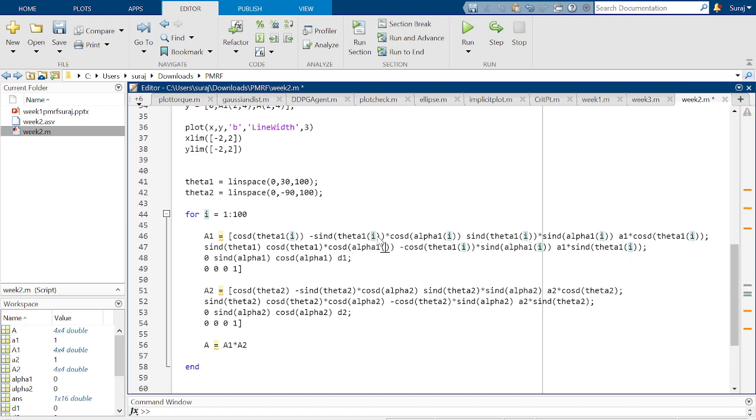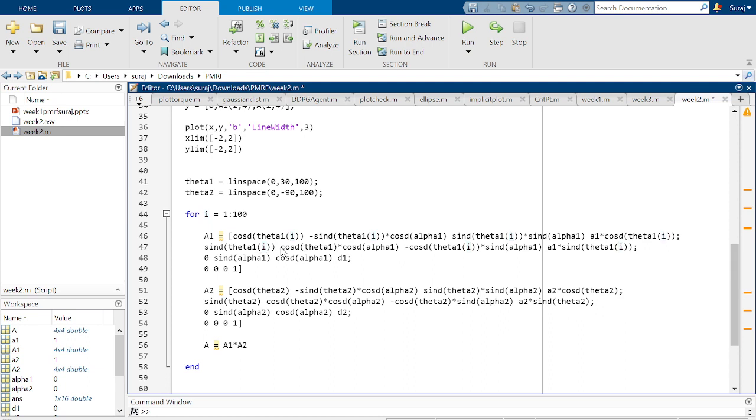Because then that will look like a use case, something that can be used for a practical application. So I put i over here. Sorry, I should not put i on alpha. Only theta's value we have to put i. Alpha is constant, right? Theta is the joint variable.